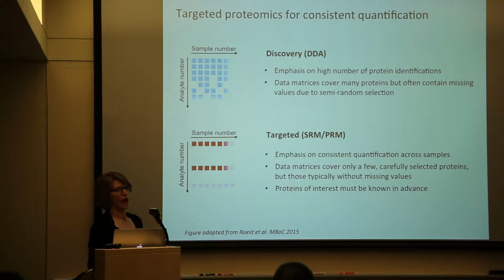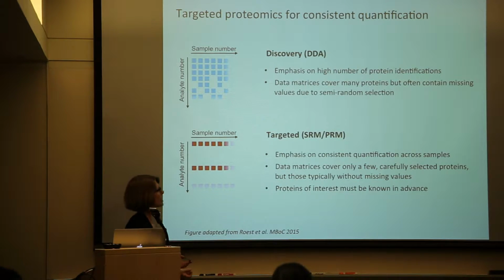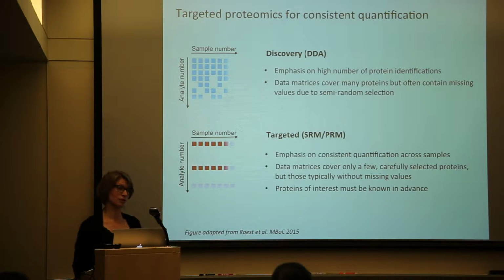For discovery, you have an emphasis on a high number of protein identifications. But because of this semi-random selection based on peptide intensity, the data sets often contain missing values, especially for lower abundant peptides. In contrast, in targeted proteomics, you have an emphasis on consistent quantification across samples.